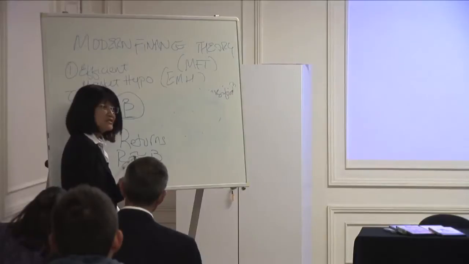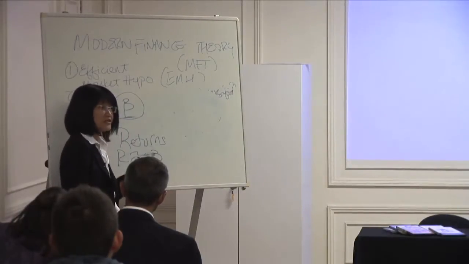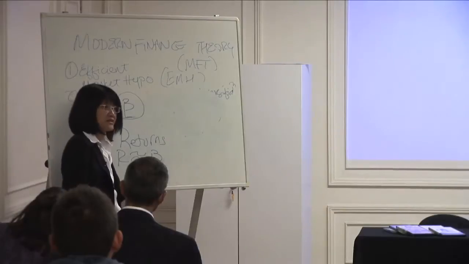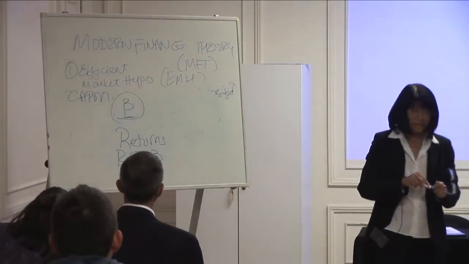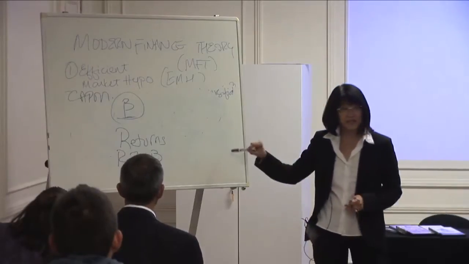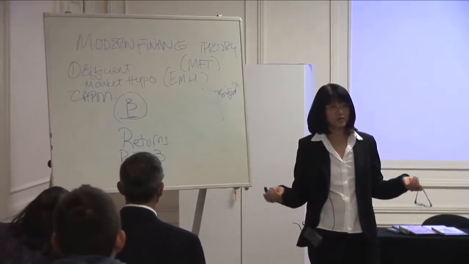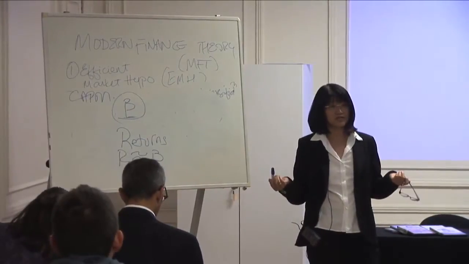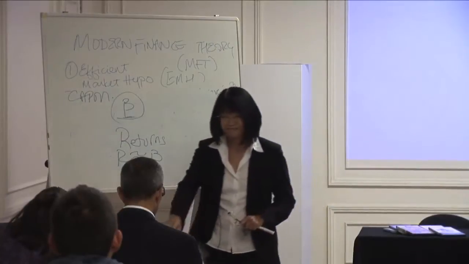So the theoretical returns using CAPM do not match the real returns that we find in the market. So once again, CAPM has flaws in the theory, and CAPM has flaws in the real world because real world information does not match the theoretical information.